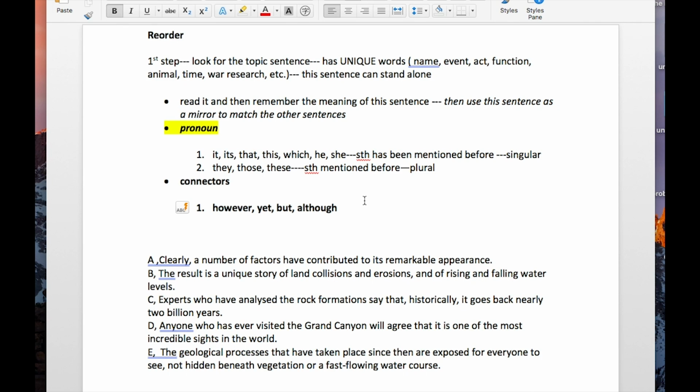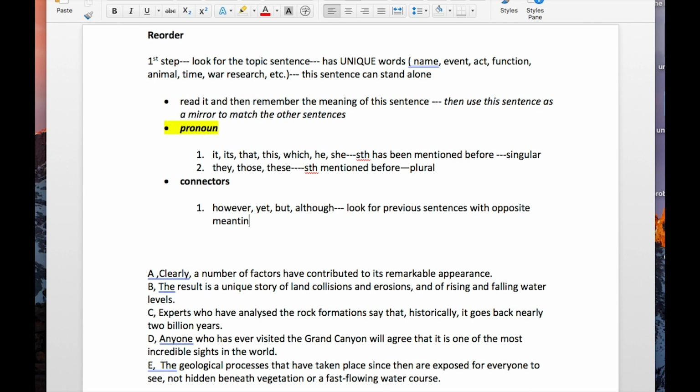Those connectors help you find the previous contents easily, because you just need to look for previous sentences with opposite meaning. That will 100% help you find the previous sentence, because at least you will get one pair correct.